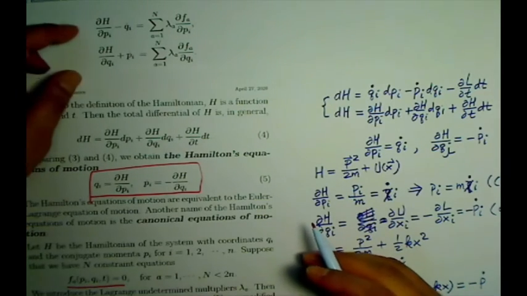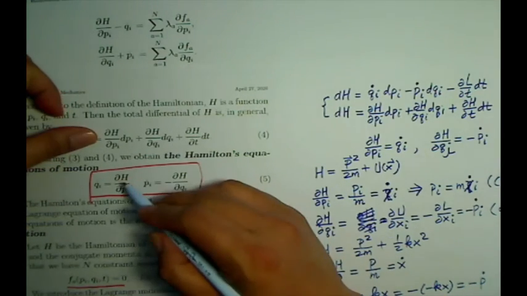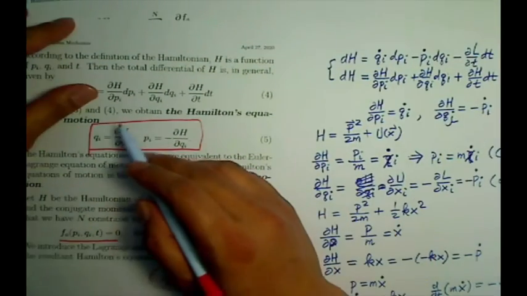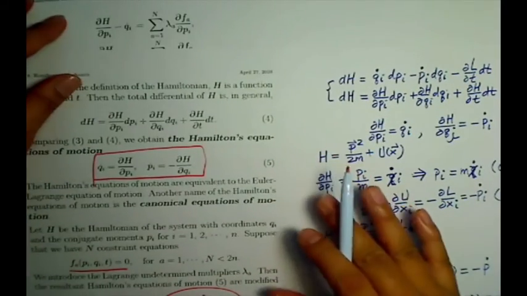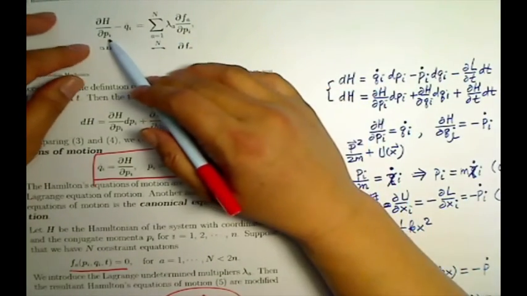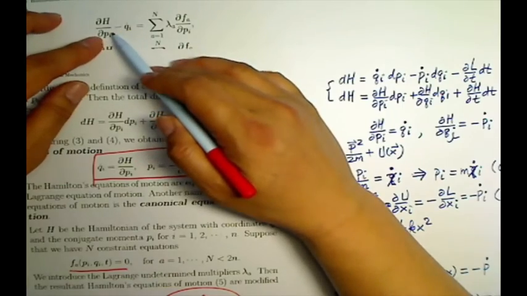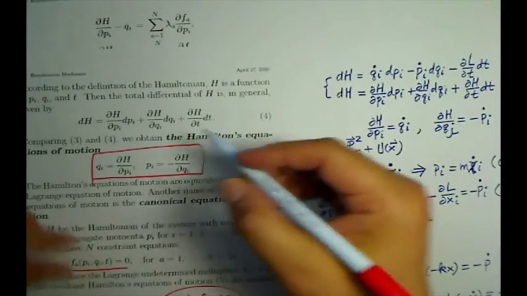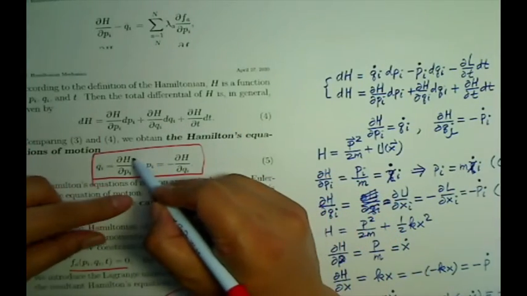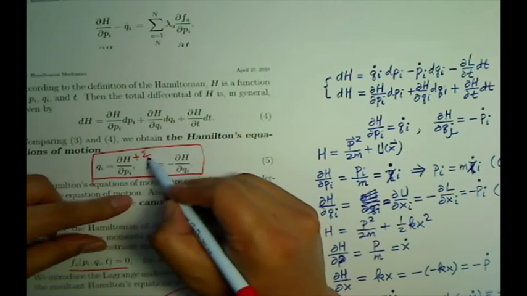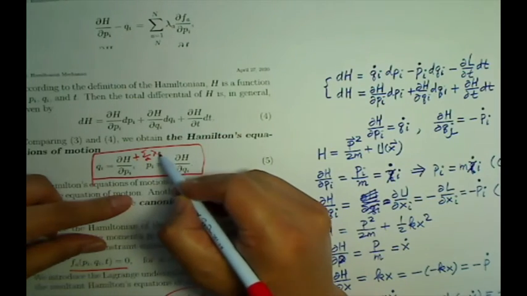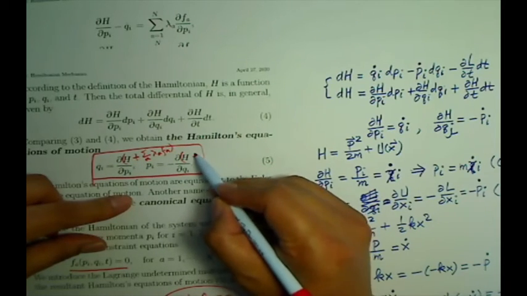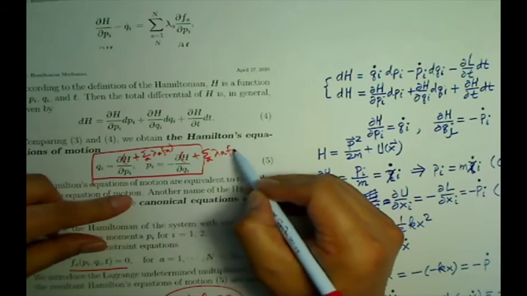Because of that, the substitution of this relation into this relation, what we get is this one, the same as the original one, but we have this one plus sigma over a lambda a f a.